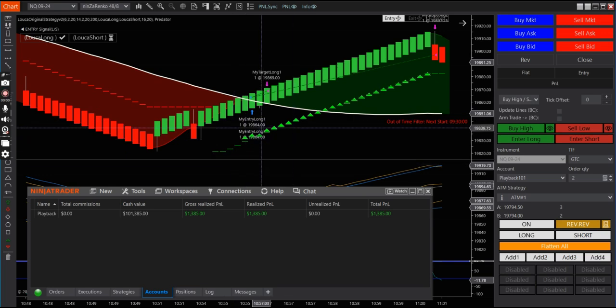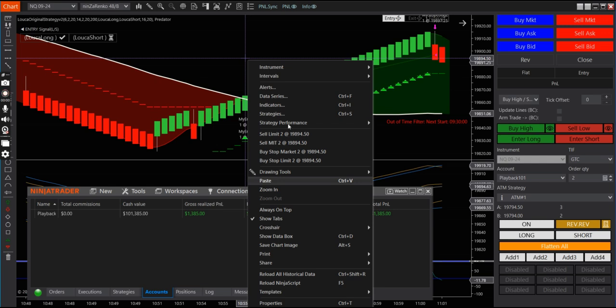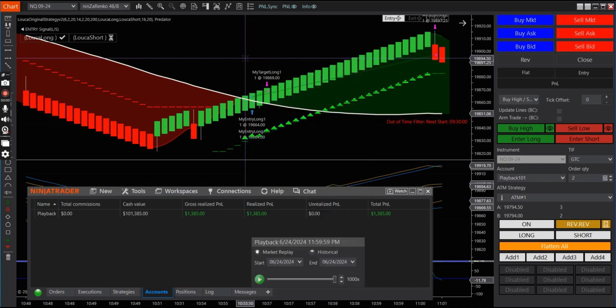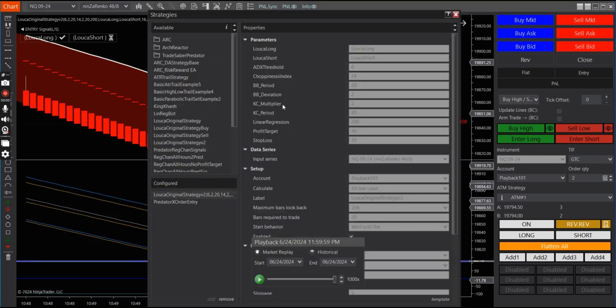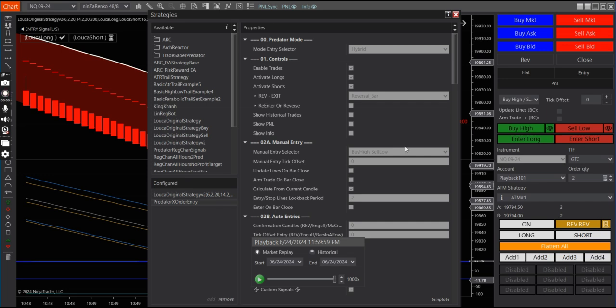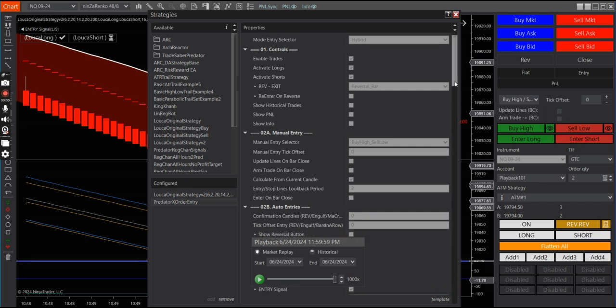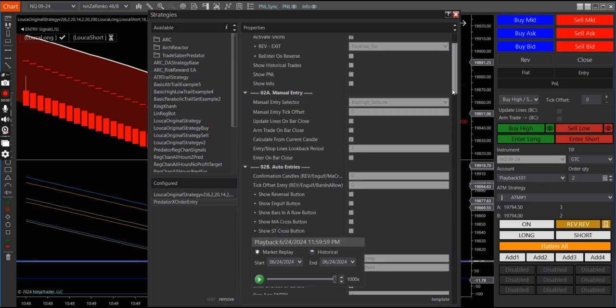Let me show you the setting really quickly. Let me go into my strategy here. So I have it here, let me move this out of the way.